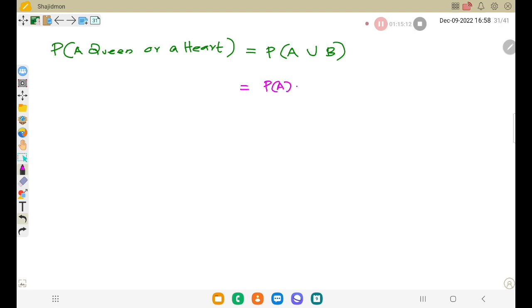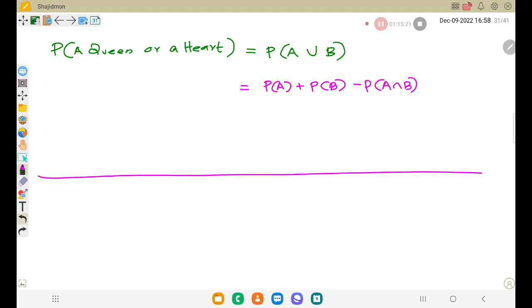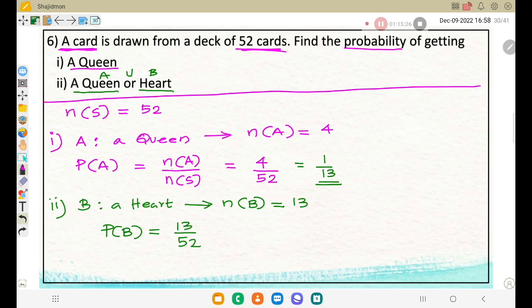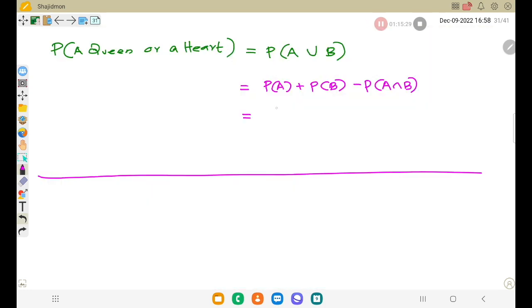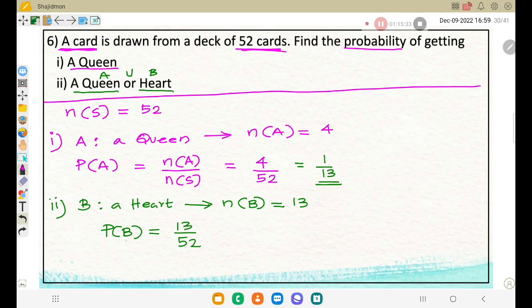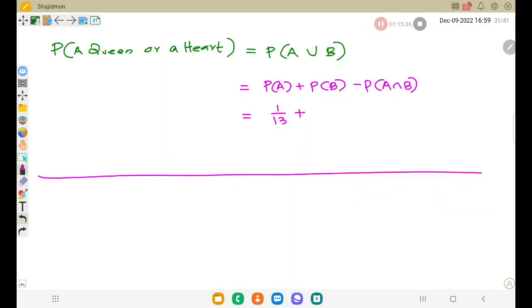Probability of A plus probability of B minus probability of A intersection B. Correct? Now, probability of A we calculated in the first part, 1 over 13, plus probability of B we calculated in the second part, 13 divided by 52, or 1 over 4 is also okay, minus probability of A intersection B.